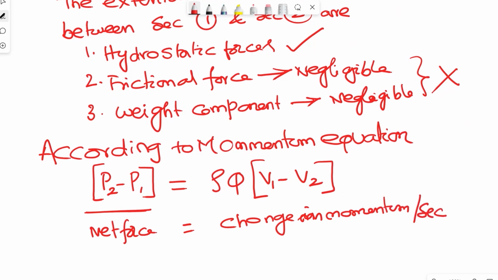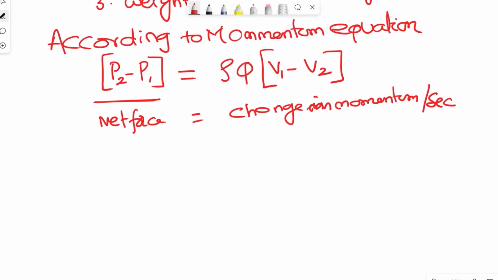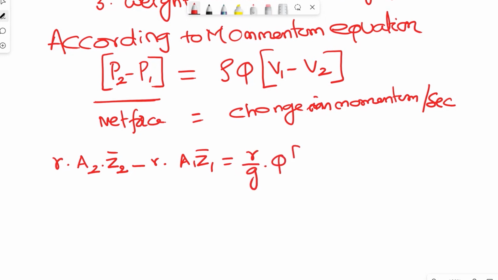So P2 minus P1, that is gamma A2 Z2 bar minus gamma A1 Z1 bar, is equal to rho, meaning gamma by g, into Q into (V1 minus V2). This is what we can write.